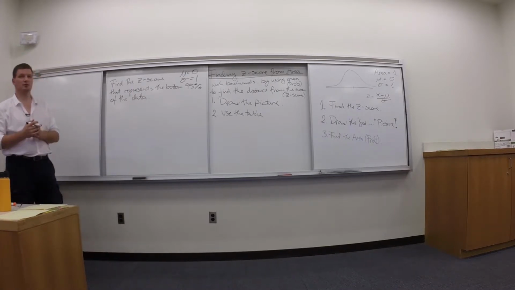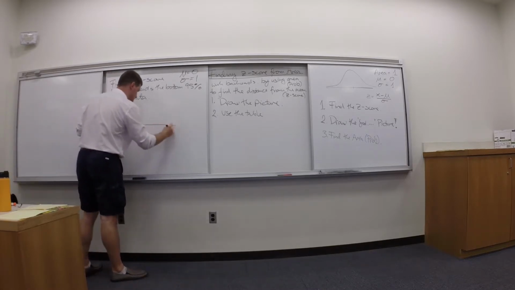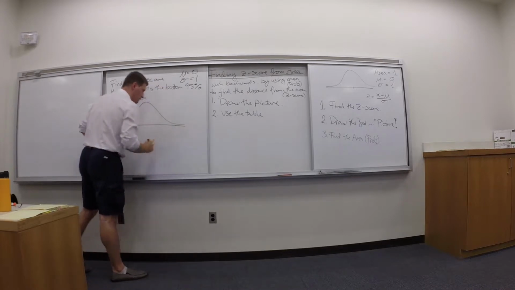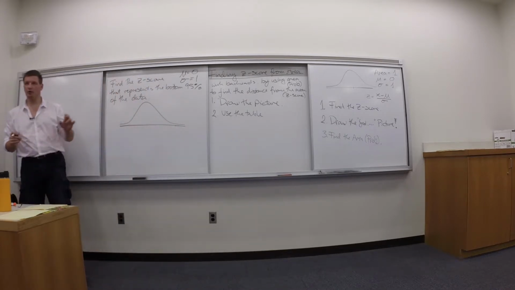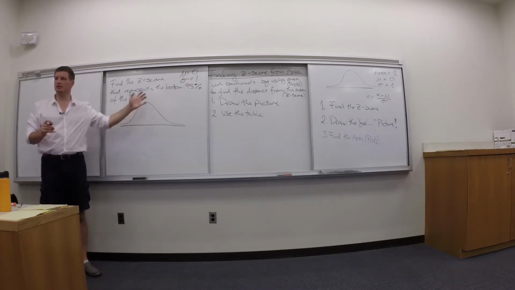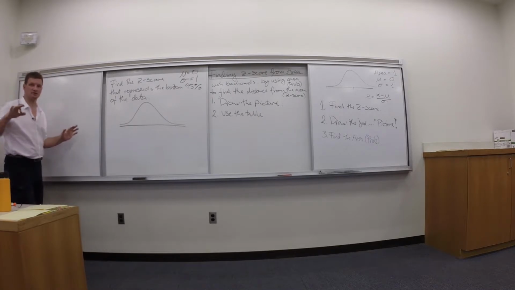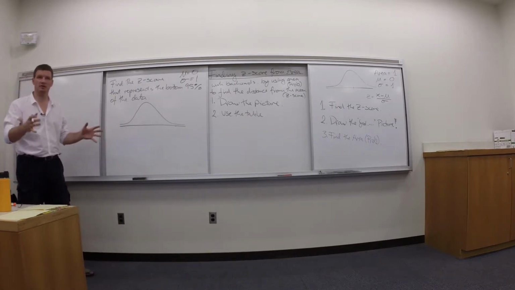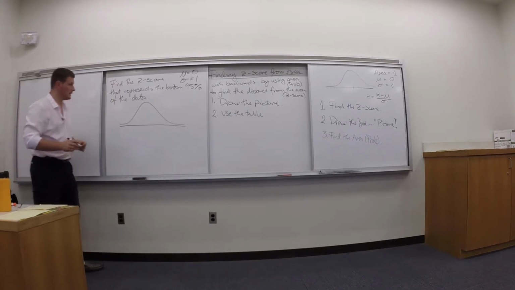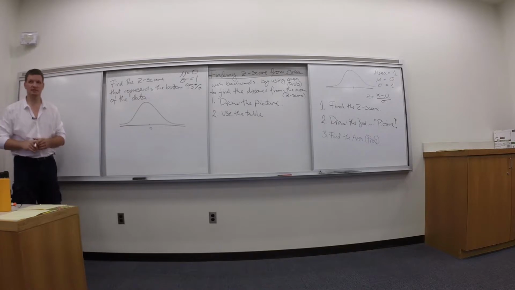Well, first step is we're going to draw the picture. By the way, I'm not worried how good your picture is, as long as it has the general shape and the markings in the right places. I don't care if it's very steep or very broad, whatever is comfortable for you. It's important that you're consistent with yourself. So what's 95% of the data?